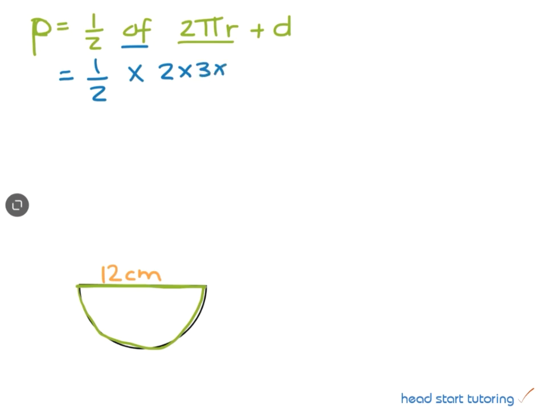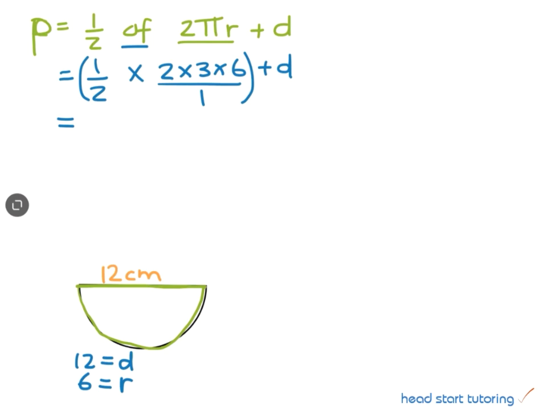Because our 12 here is our diameter, 6 will equal our radius. So that will be 2 times 3 times 6, and then we plus our diameter at the end. Remember that we always do of first, so we're going to do that first, and we can put that over 1 so that we are working with fractions.